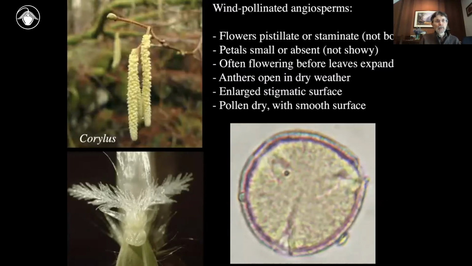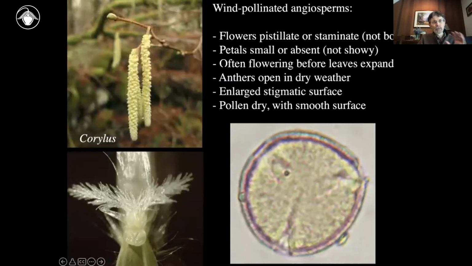But in fact, we know now that there have been more evolutionary events that have led to the evolution of wind pollination. And it just tends to lead to this cascade of evolutionary changes that are very similar. And it makes a lot of sense. Let's go through it briefly.